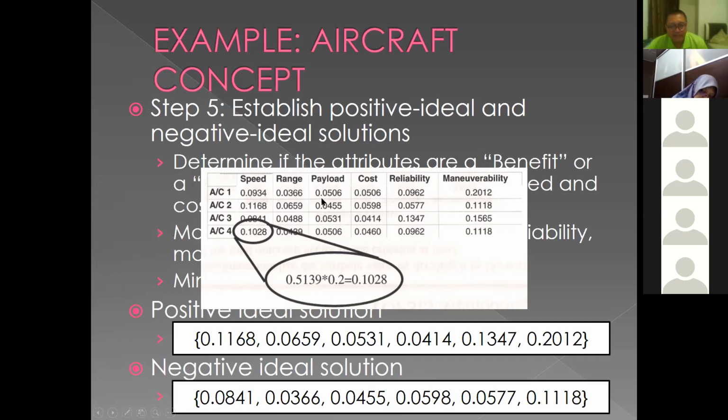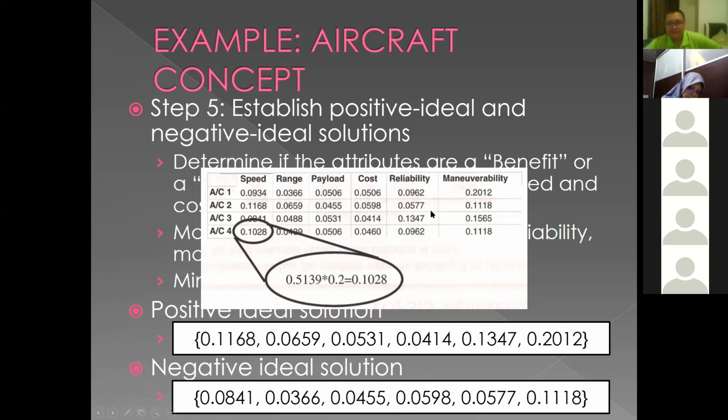For payload, it is 0.0455. And then for the cost, since it is negative, we pick the highest value. The highest value here is 0.0598.